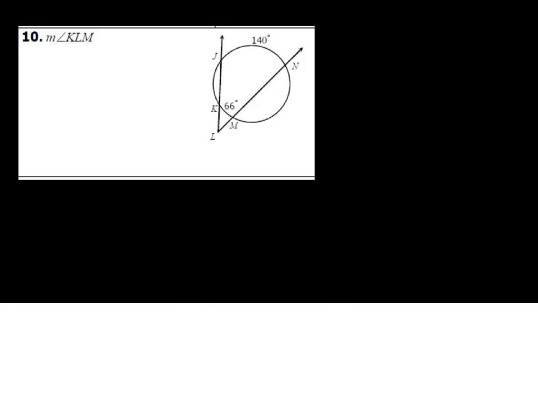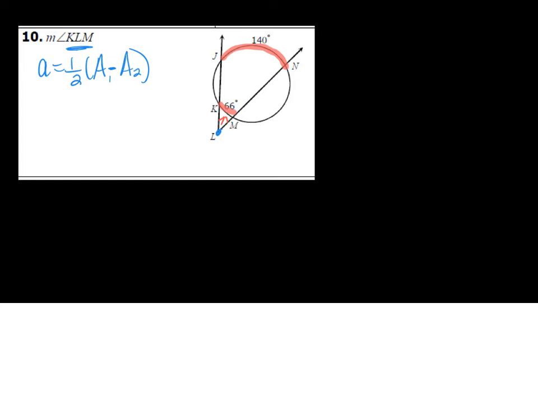So for this particular one, we're asked to find the angle KLM. Where is KLM? Concentrate on L, and it's outside of the circle. So the first thing we want to do is when we figure out where the angle is, we're going to write the formula. Anytime it's outside of the circle, that's going to be a subtraction in between the two arcs. So big arc minus small arc. So what you want to do is go to the angle, point across from the angle so that you can identify the arcs that make up the intercepted arcs of that angle.